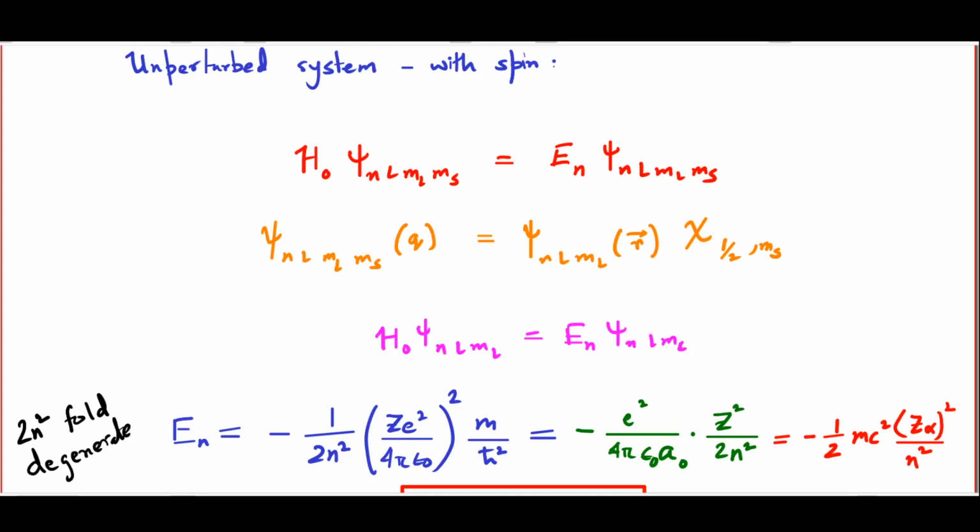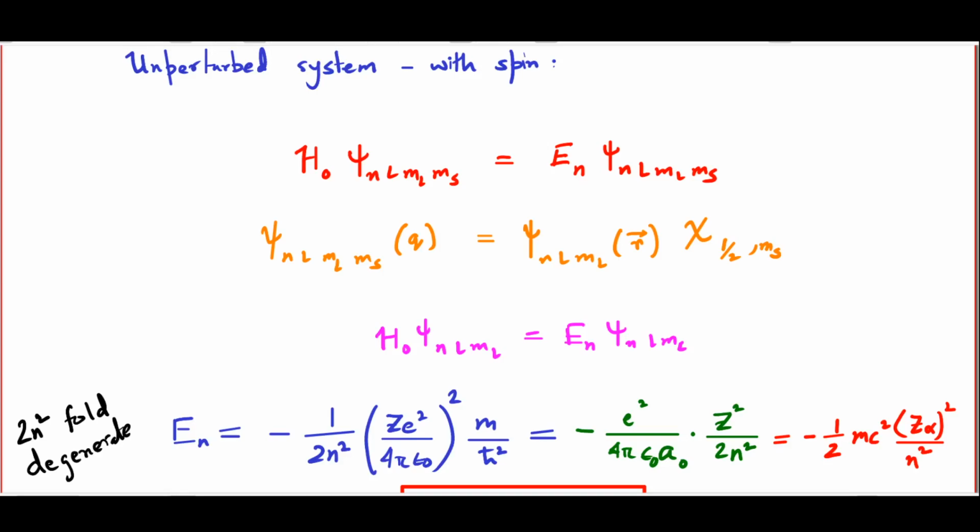You may have noticed that although I said that there are 5 operators involved in this complete set, there are only 4 labels, and the reason for that is obvious. The eigenvalue for S square is always small s into small s plus 1 h cross square, and small s is always equal to half for a single electron system.